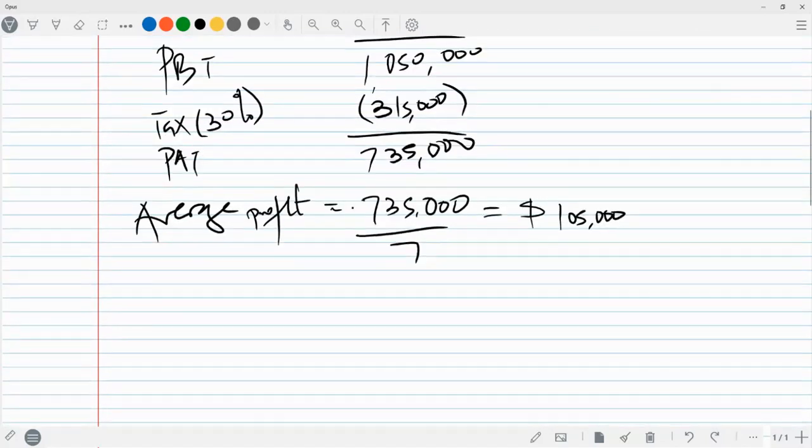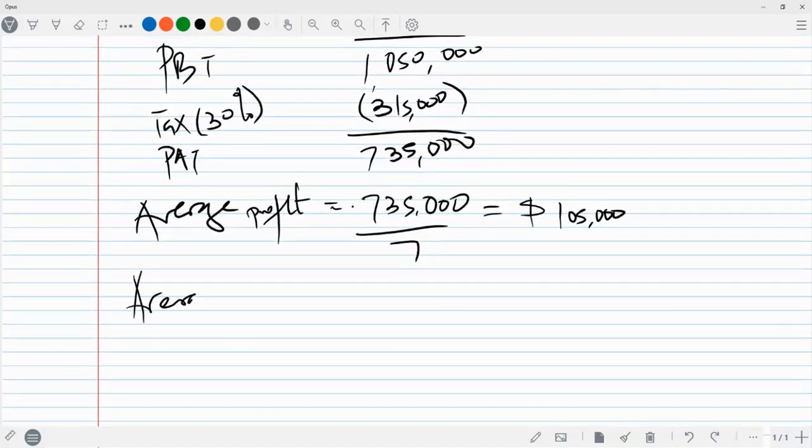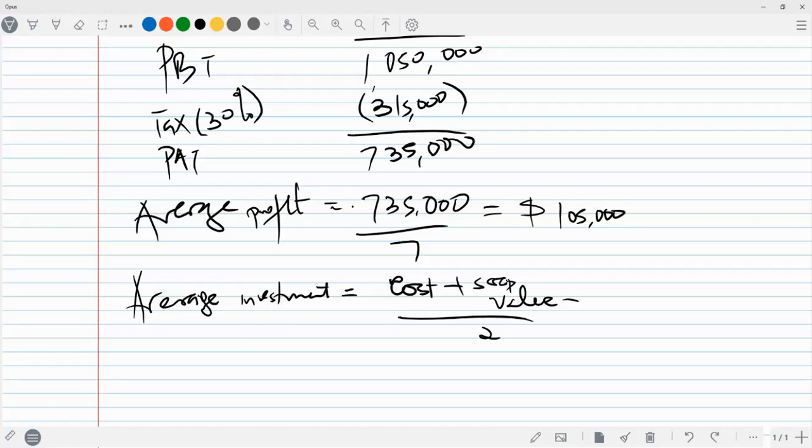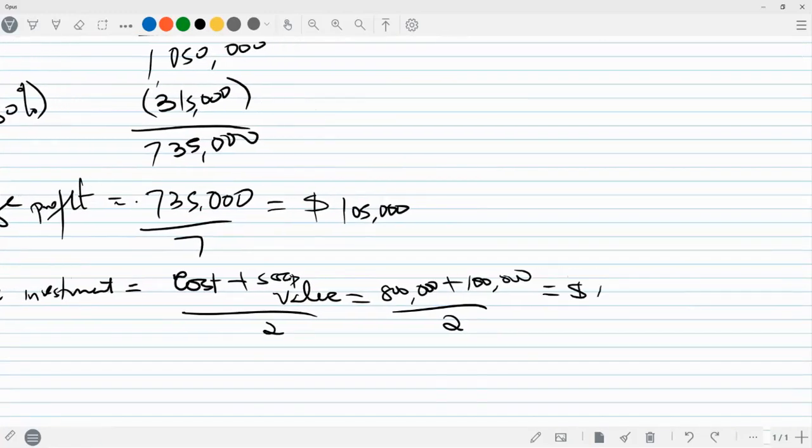Okay. Therefore, we need to get average investment, which is equal to the initial cost of the asset plus the scrap value, divided by 2. Cost was 800,000 plus the disposal value 100,000. We divide by 2, and we get 450,000.